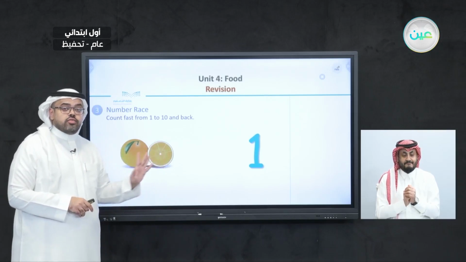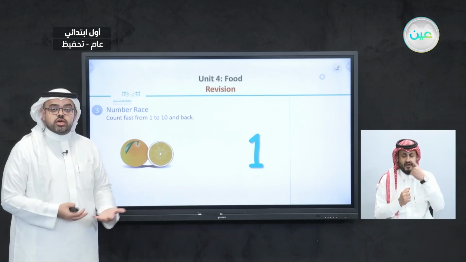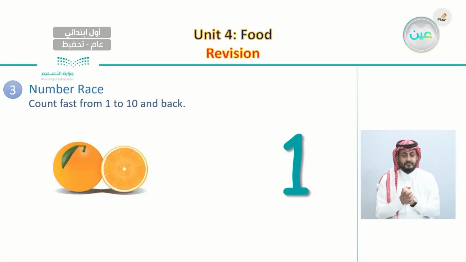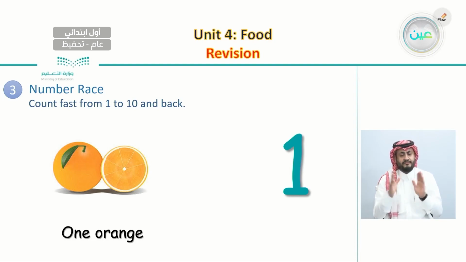Have a look at this slide just to remind ourselves of the exercise we did last time. Here we have an orange and we have number 1. So number 1 with an orange is 1 orange. Say with me, 1 orange.